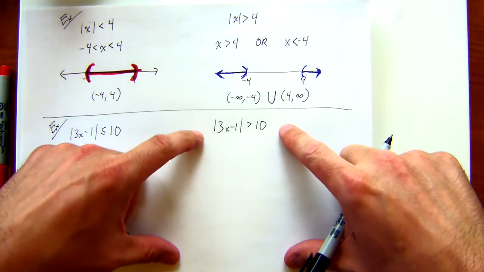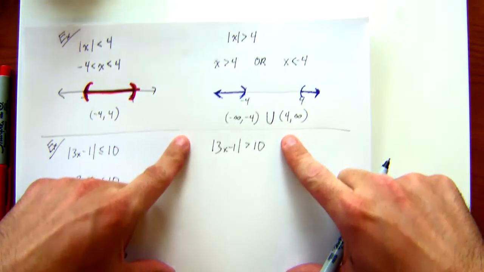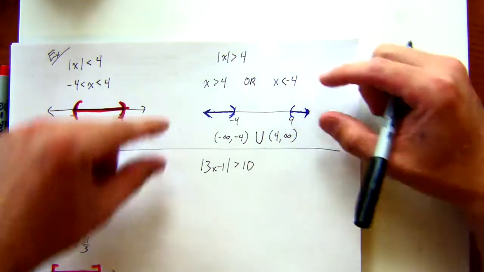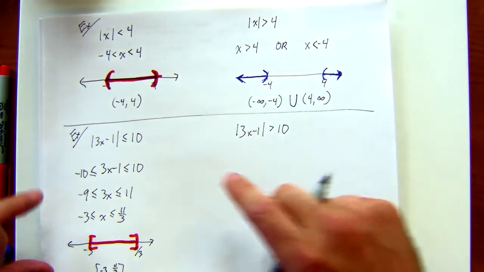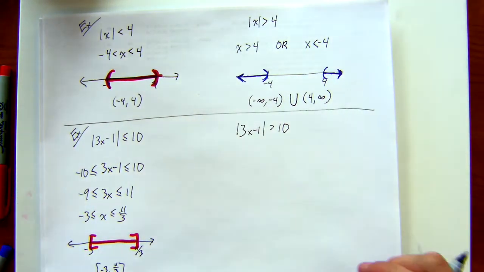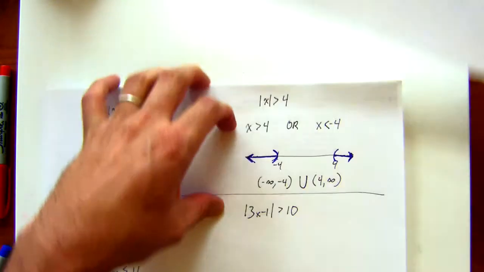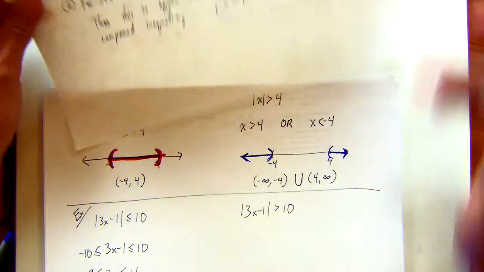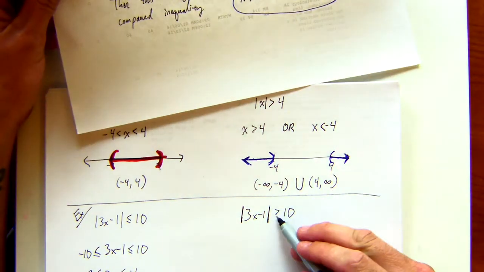Is this a fair problem of the day? I've got an example just like it above it. And I've got an example that is a little similar over here. Maybe I'll get you started on it. Using my rule, I've got the absolute value of something is bigger than a number.